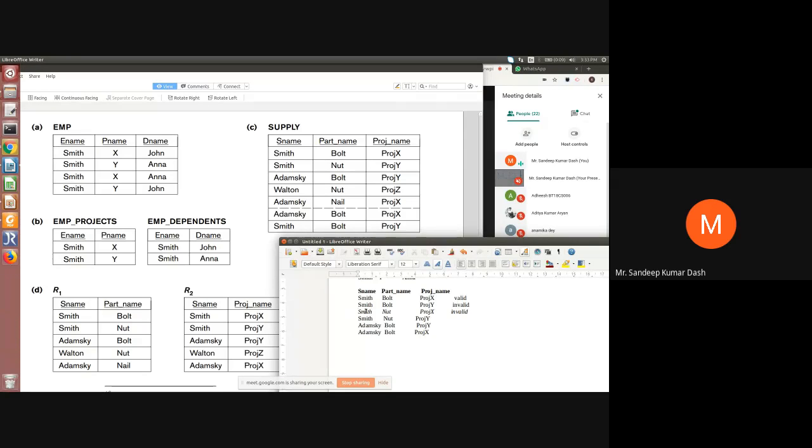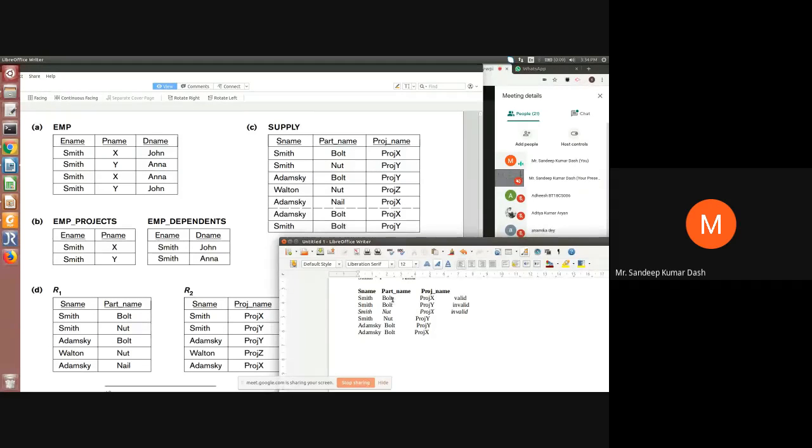Okay, so these are called spurious tuples. This is called additive join. That means some additional rows are getting in when you are trying to join the divided relation. But your joins should be non-additive joins. That means there should not be any addition of spurious tuples. Fine. So there are these terms you have to remember: non-additive join, additive join. Non-additive means there should not be anything added extra, which is wrong data.